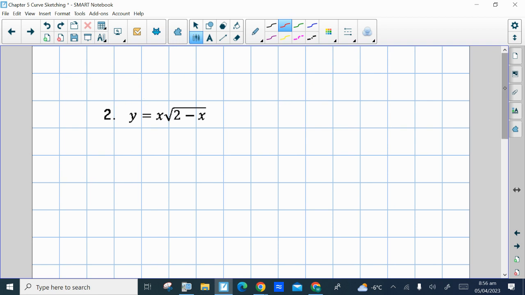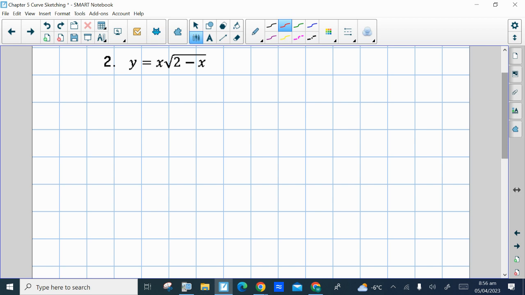So here's one that's going to have some restrictions because you have a radical function. To find our domain here, we have to remember that what's under the radical cannot be negative. 2 minus x has to be greater or equal to 0. It can be 0, but it can't be negative.